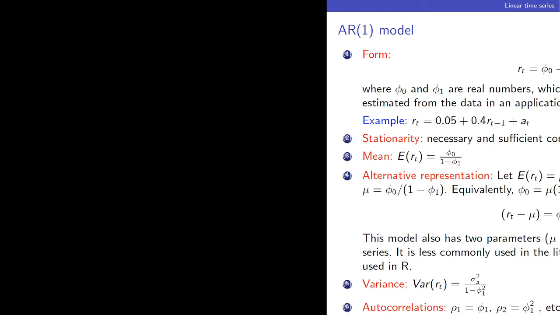These models are stationary if and only if the coefficient of the dependence on R_{t-1} is smaller than 1 in absolute value. If it were greater than or equal to 1 or to minus 1, we will never get stationarity.